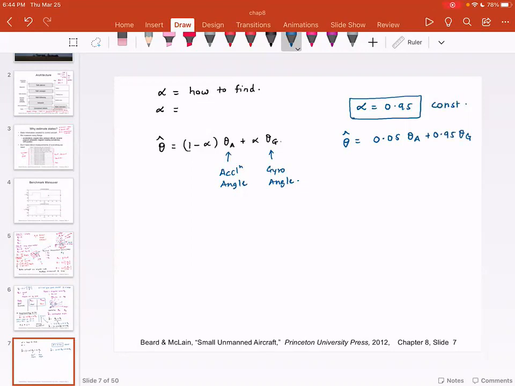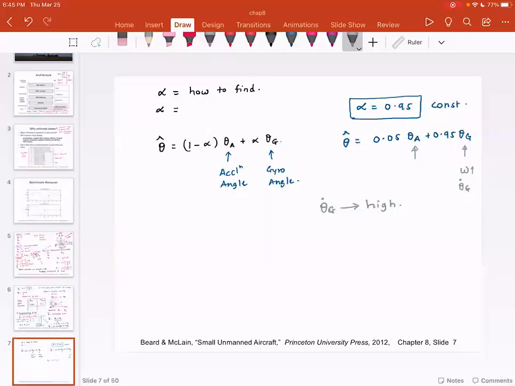Now I want you for a second to visualize what happens to this measurement. This measurement comes from the accelerometer. This measurement comes from the gyroscope. So to get that, you should have a high value of omega. In other words, you should have theta dot g. So what would happen if theta dot g is a very high value?